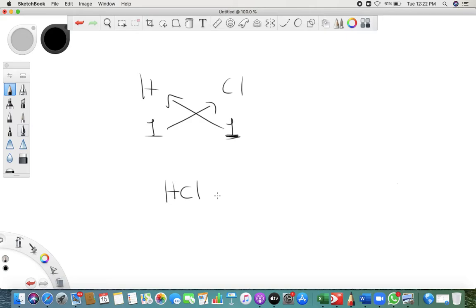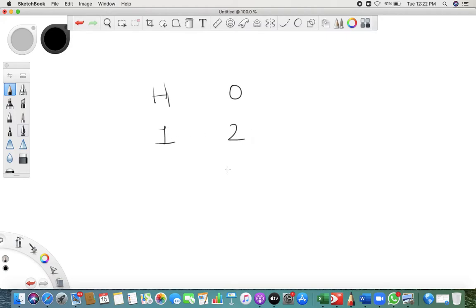For example, let's take water, H and O. Hydrogen is ready to give 1 electron, but oxygen is ready to accept 2 electrons. Hydrogen is 1 and oxygen is 2.